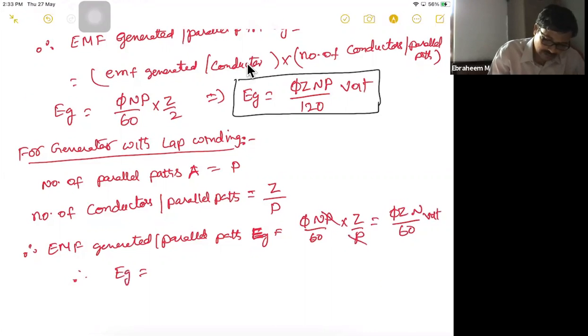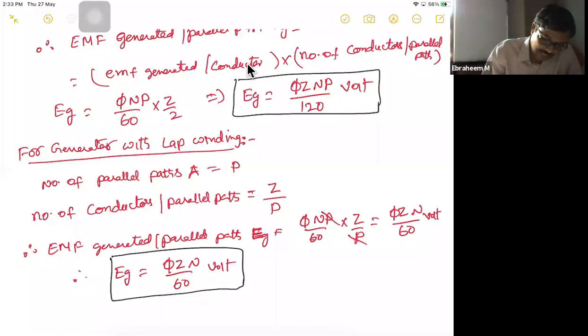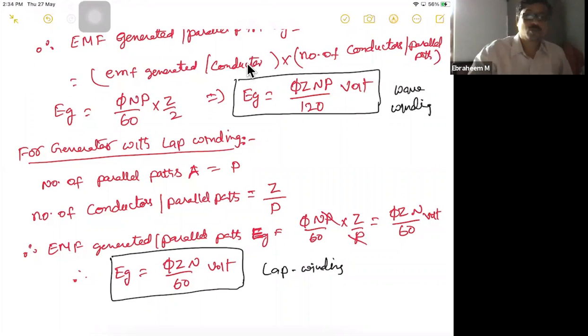So Eg is equal to phi Zn by 60 volts when the generator is having a lap winding in its armature. The other one is for wave winding. So two boxes: the first represents the generated EMF equation of a generator with wave winding, the second is for a generator with lap winding.